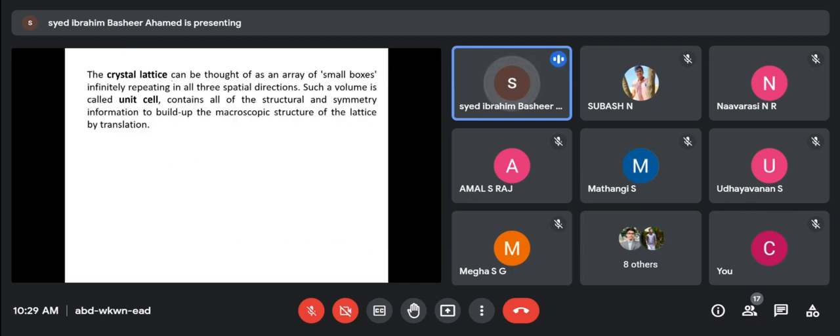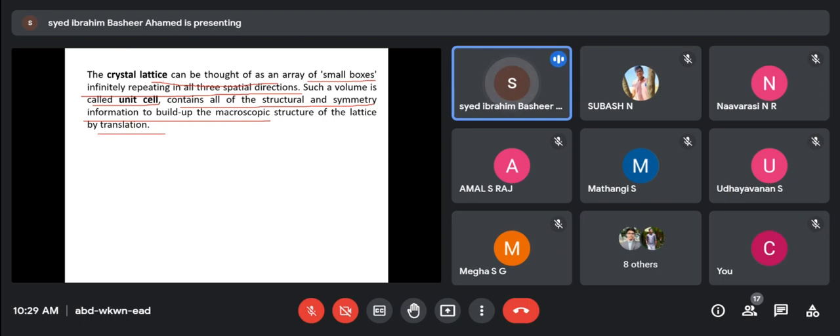The crystal lattice can be thought of as an array of small boxes infinitely repeating in all 3-dimensional directions. Such a volume is called a unit cell, which contains all the structural and symmetry information to build a macroscopic structure by means of translation.